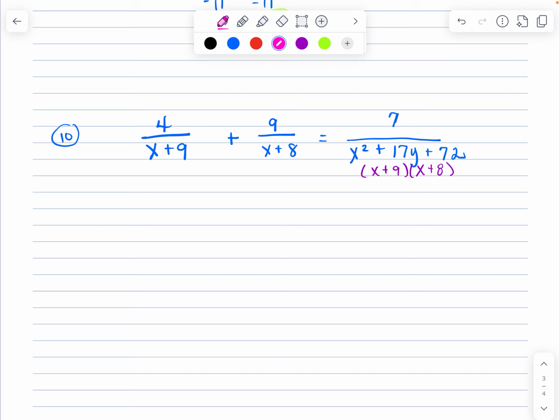And if you want to see it the other way, then I can do that really quickly the next time I actually get to see your faces, whenever that happens to be. Just let me know. Okay, so I'm going to treat this one like I did the last one. I know that the common denominator is x plus 9 times x plus 8, right? So I'm going to multiply the whole thing times x plus 9 times x plus 8. And I'm writing it in factor form because I promise it will be nicer to do that.